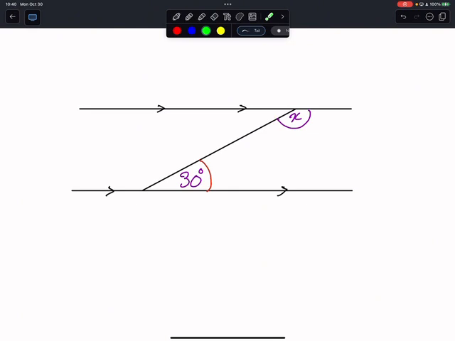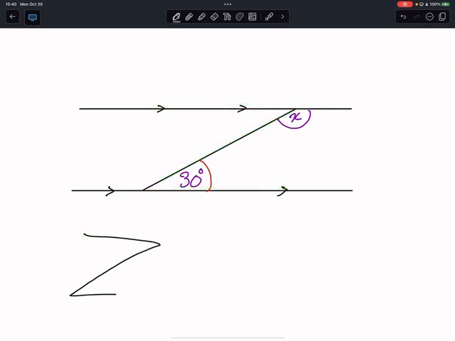This is called a z angle. See? Z. Yes? Good morning. A z angle. Z angle states that the angles on the insides are equal to each other.